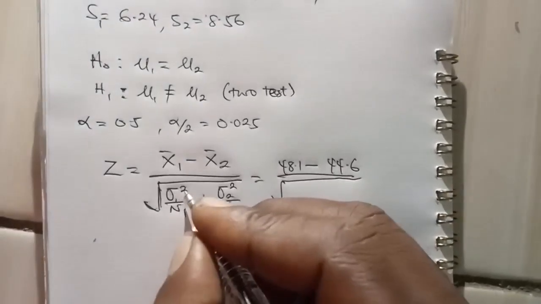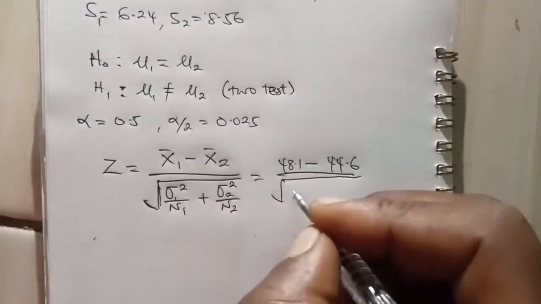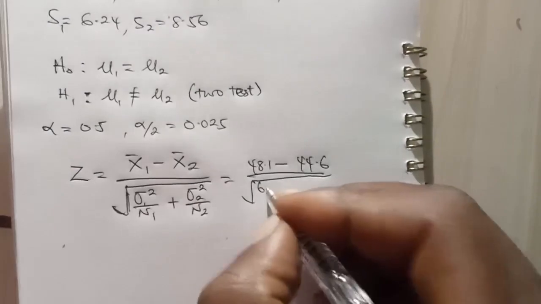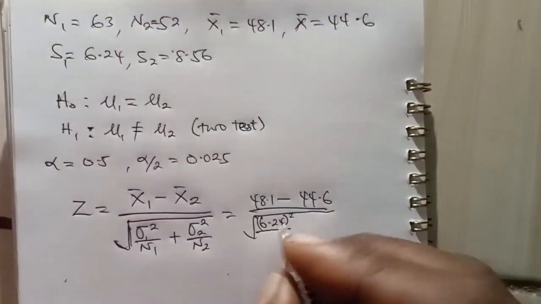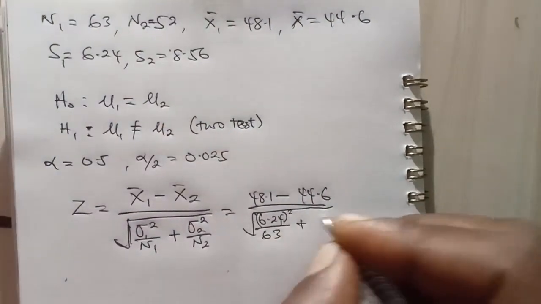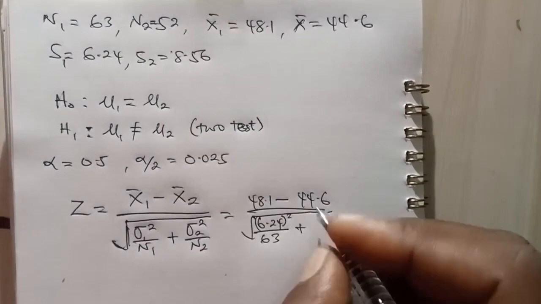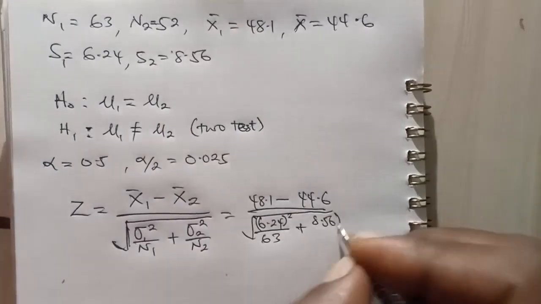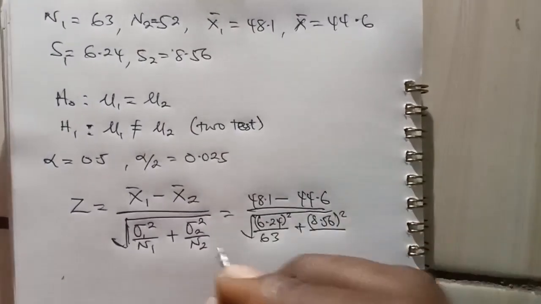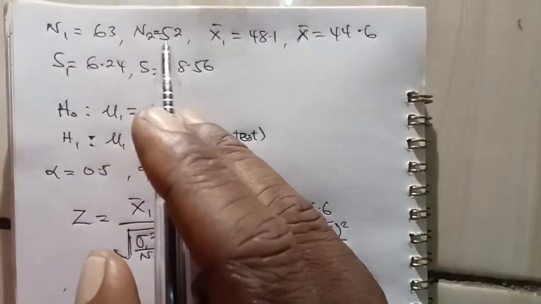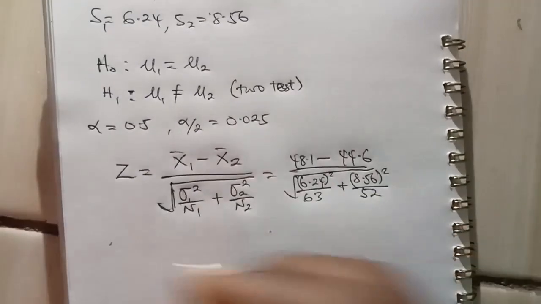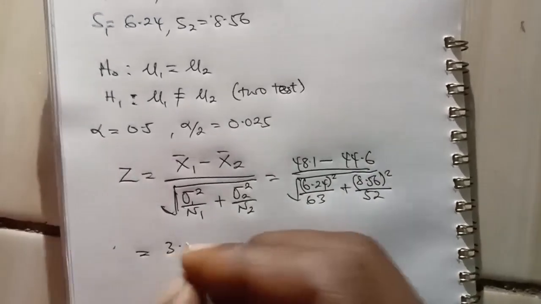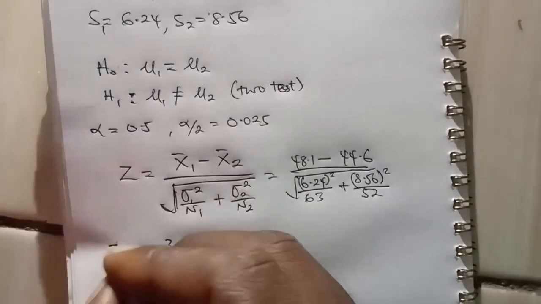We'll square it, that's the variance. So we're going to have 6.24 squared over n1 is 63, plus the second one is 8.56 squared over n2 is 52, and when we resolve all of that, we're going to get 3.775 as our z calculated.